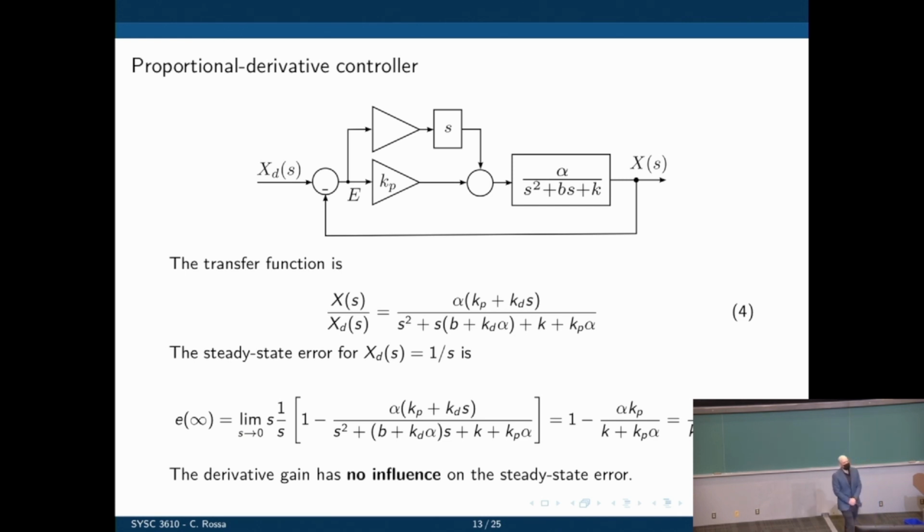Steady state means constant. No effect. It's the derivative, exactly. It's the derivative of the steady state error. So in a steady state, the derivative there is 0. And if it is 0, the derivative controller should have no effect on the steady state error.